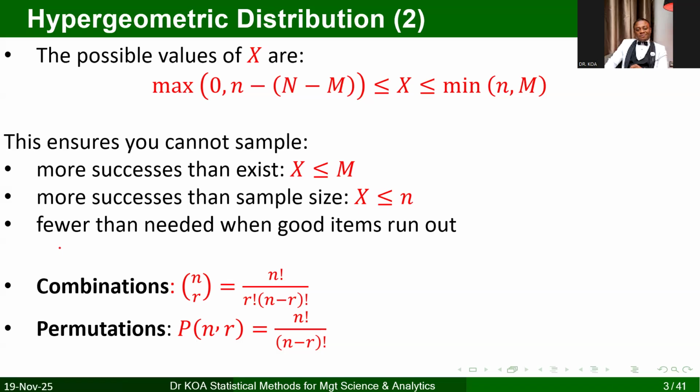On the left side, we have 0 and 5, but you take the maximum value. On the right side, it's between 15 and 10, and you take the minimum value. So 10 and 5. So what would that be? Between 5 and 10. Yeah. So X is between 5 and 10.